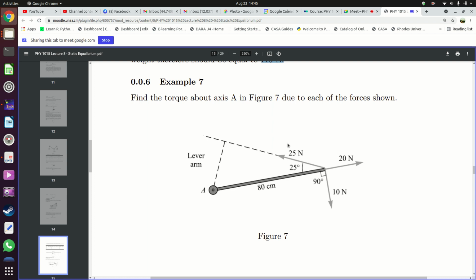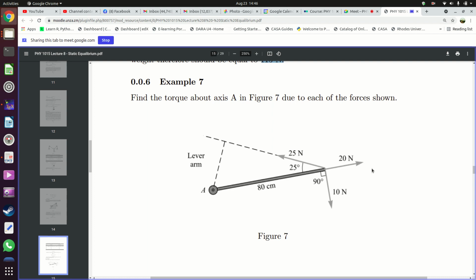This force here, the 25 Newton force, will try to turn the bar in this direction. So you indicate like that. Say this force will turn the bar in this direction. That is an anti-clockwise direction. This one does not produce any torque, so we can't worry about direction because it doesn't produce any torque, since this particular force passes through the pivot.